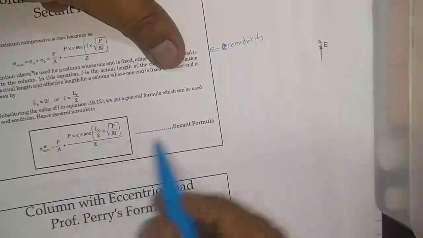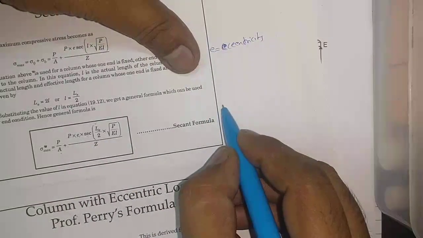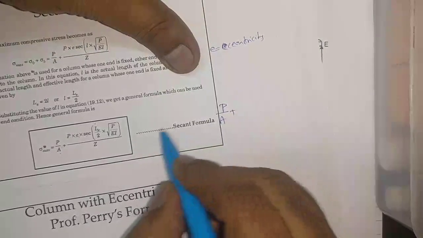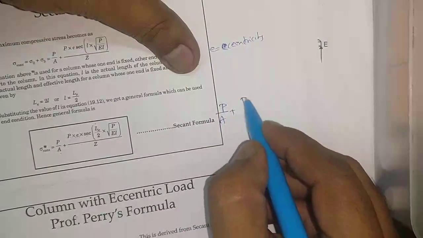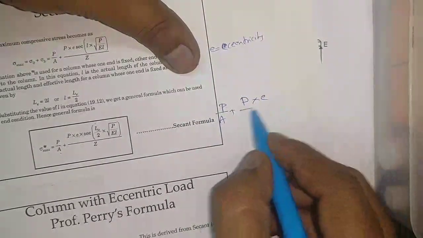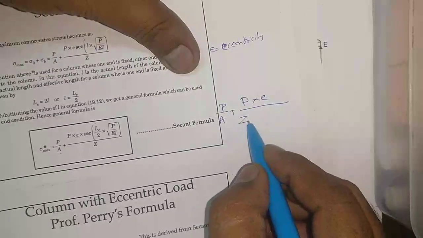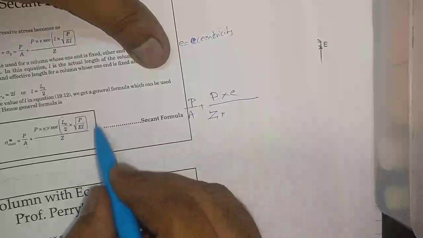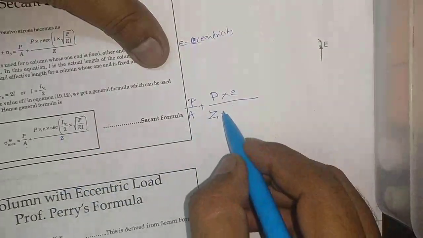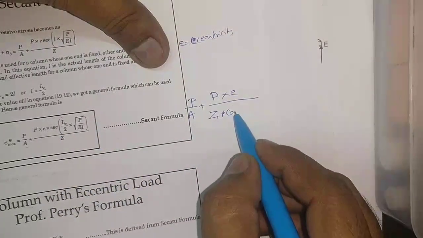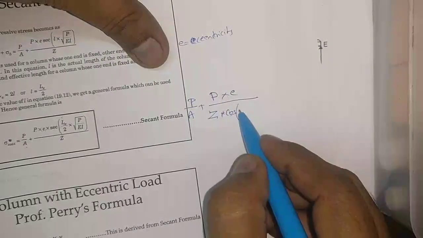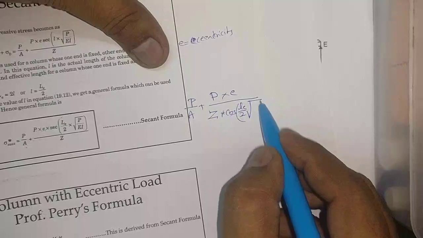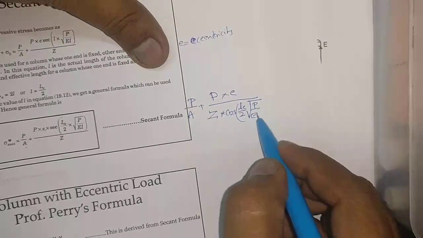We have to change this like this: P by A, and to solve in the calculator, P into E divided by Z into secant, because in the calculator you don't have secant, you have to use cos, LE by 2 under root P by EI.